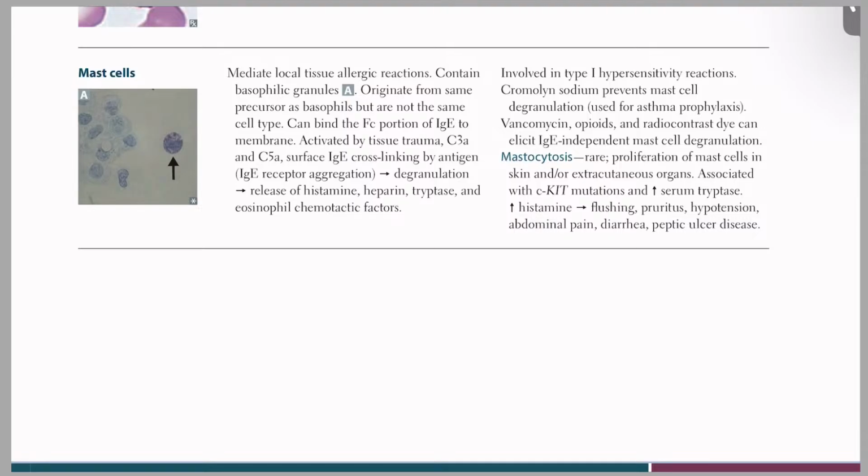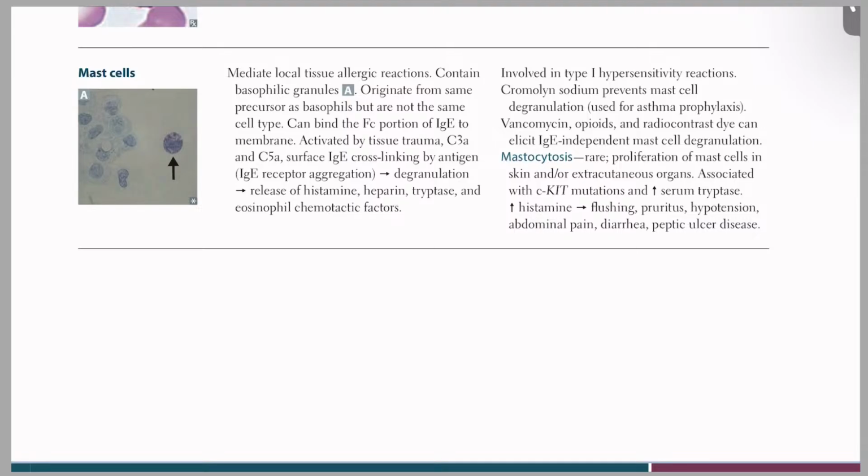Cromolyn sodium prevents mast cell degranulation, used for asthma prophylaxis. Vancomycin, opioids, and radiocontrast dye can elicit IgE independent mast cell degranulation.